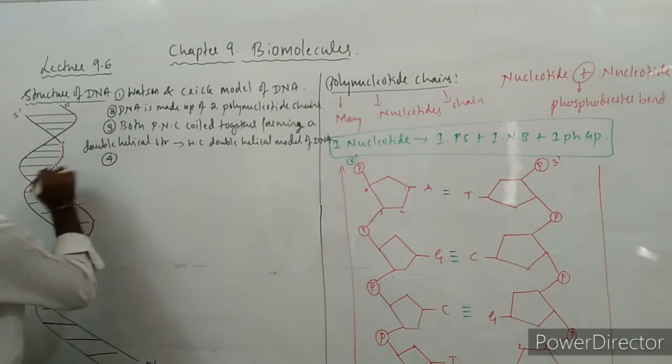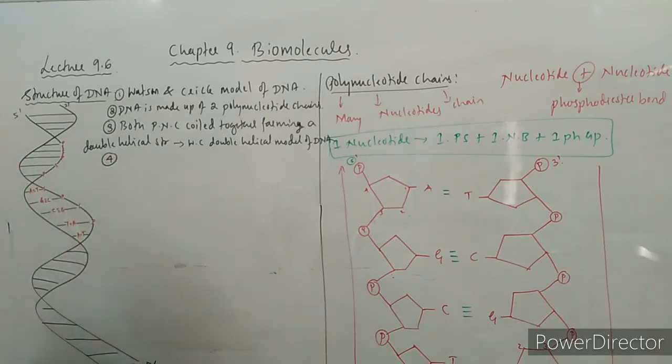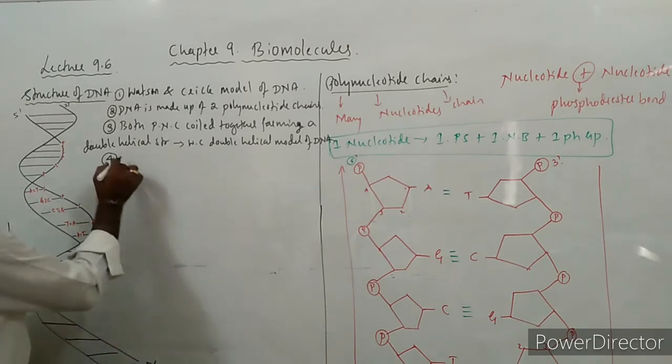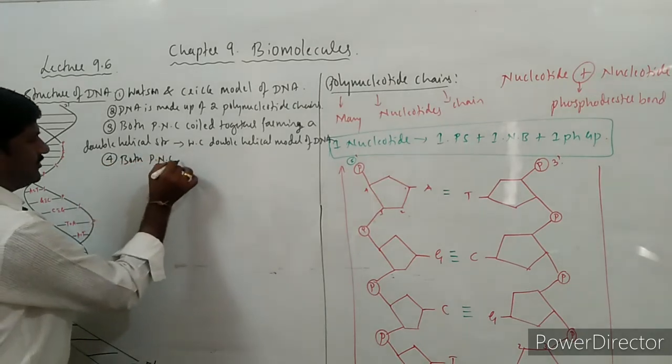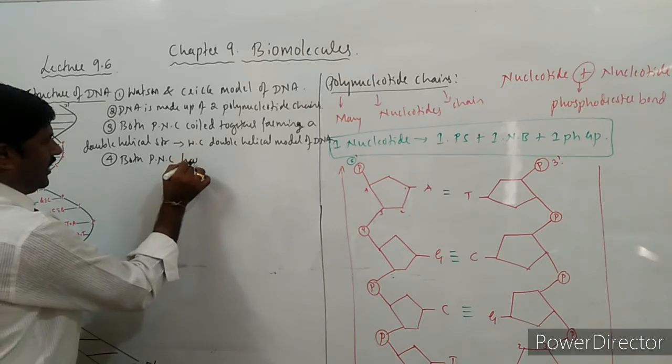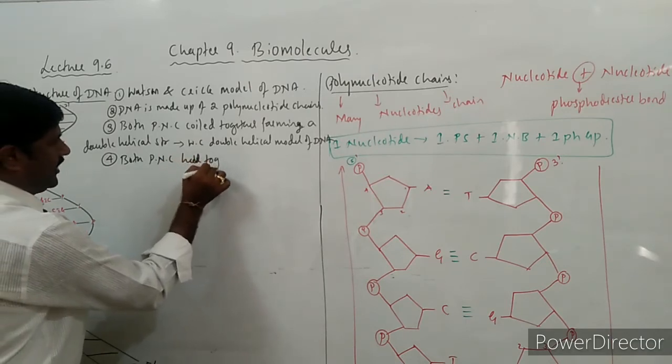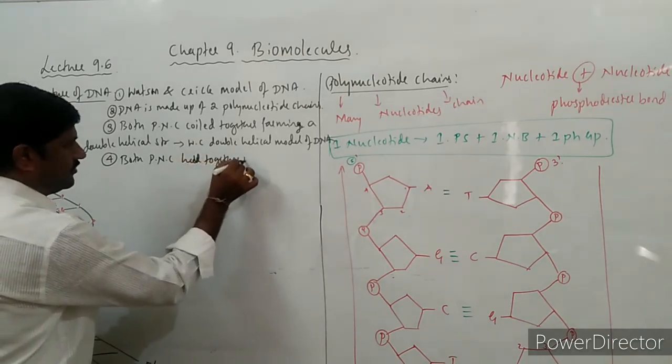And the fourth point. What is the fourth point here? Both the polynucleotide chains are held together with the help of the hydrogen bonds present between two nitrogen bases.